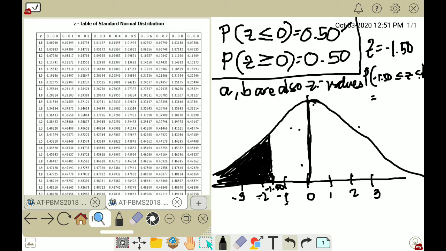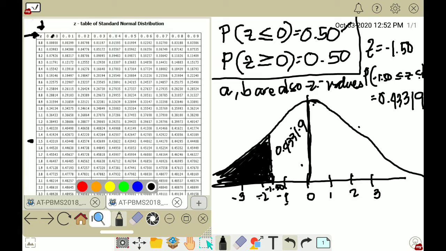This is 1.5, of course, again expressed in 3-digit form, the 1.5 and the 0, 0. Okay, so your 1.5 is here, and your 0, 0. The area for that is 0.43319. Okay, this is the area, 0.43319.